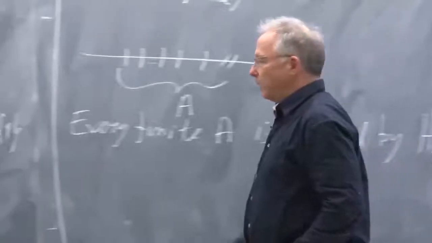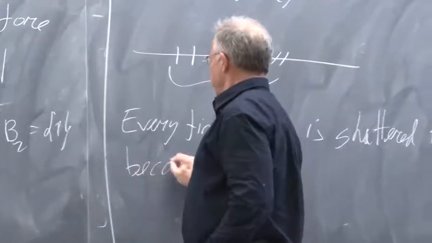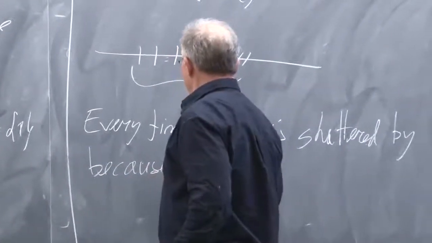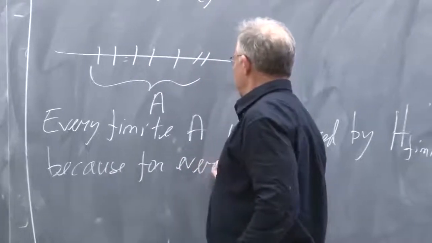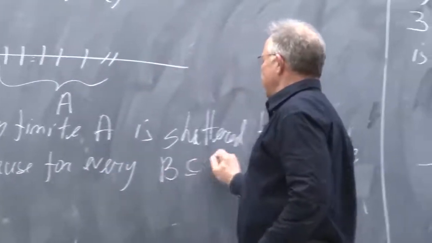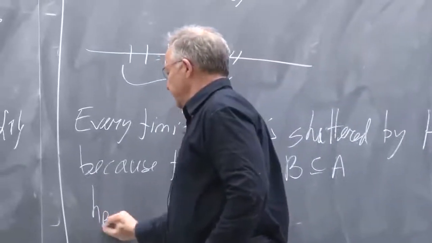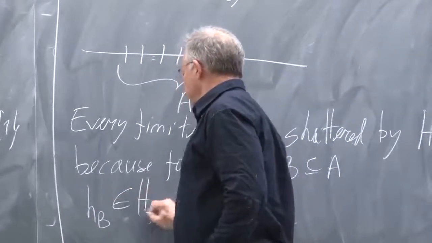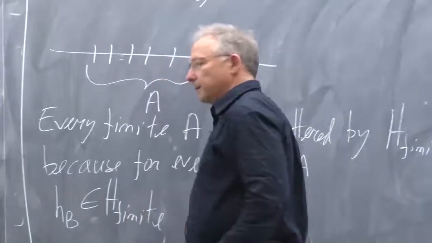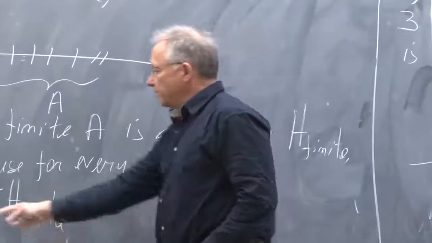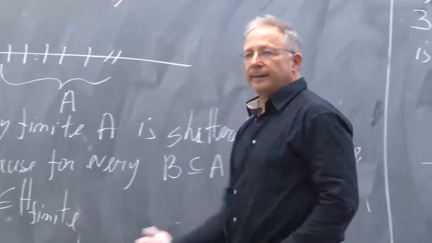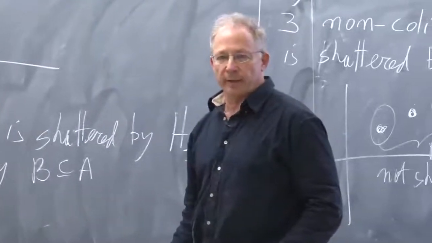Why? Because for every B subset of A, the function HB belongs to H finite. The function that is 1 on the elements of B and 0 everywhere else belongs to H finite.